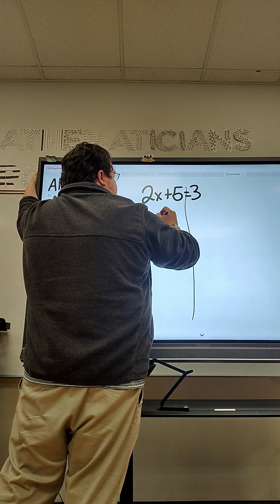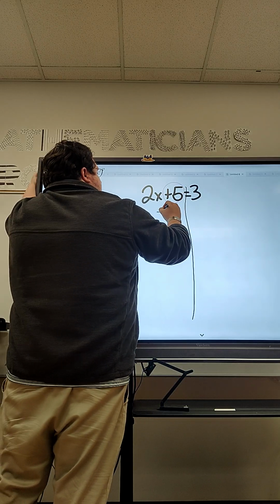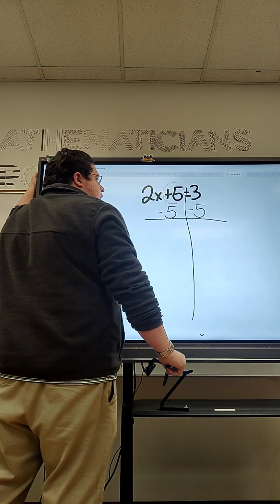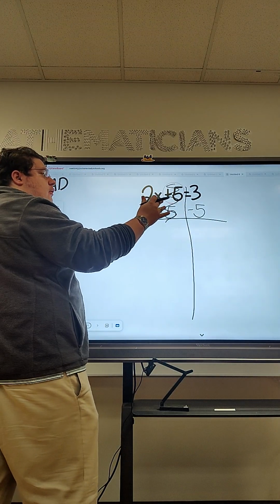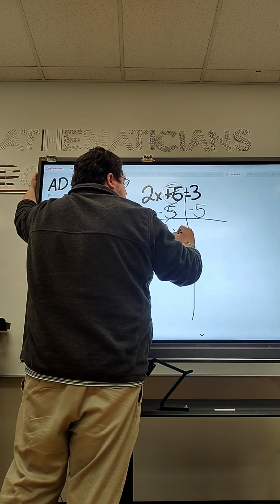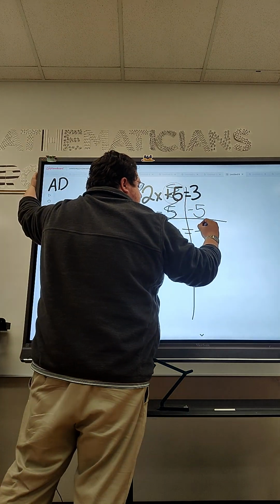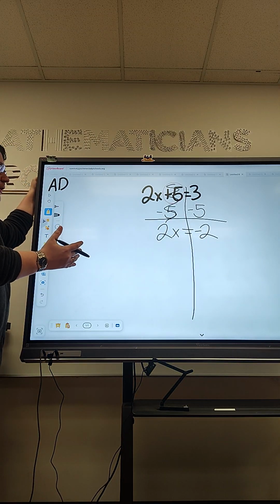In this case, it would be this positive 5. I'm going to subtract that 5 from both sides. So now the 5 is gone, leaving me with just the 2x. 3 minus 5 is negative 2. That's the adding or subtracting step.